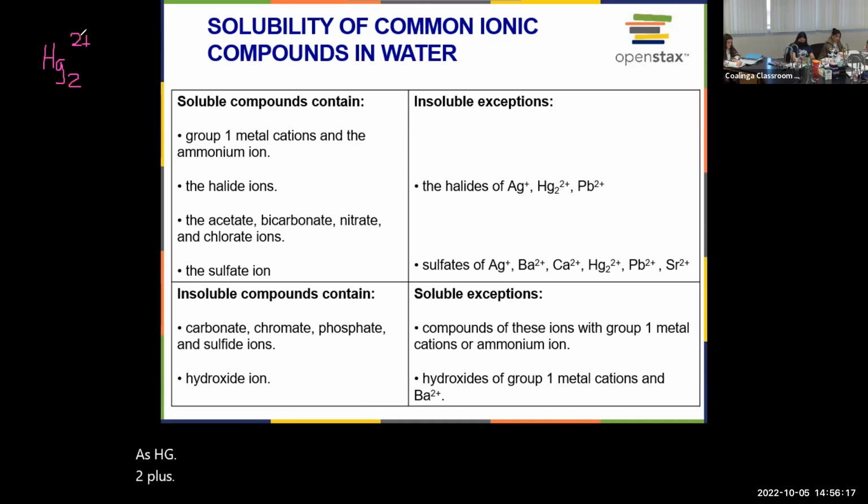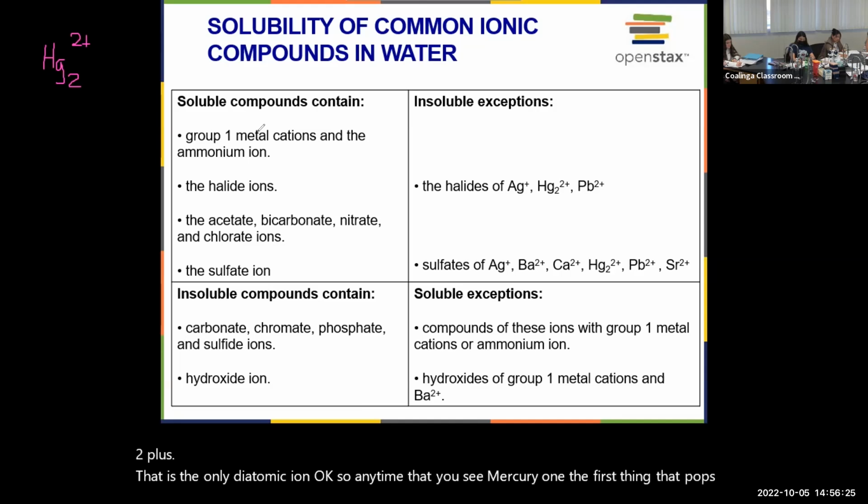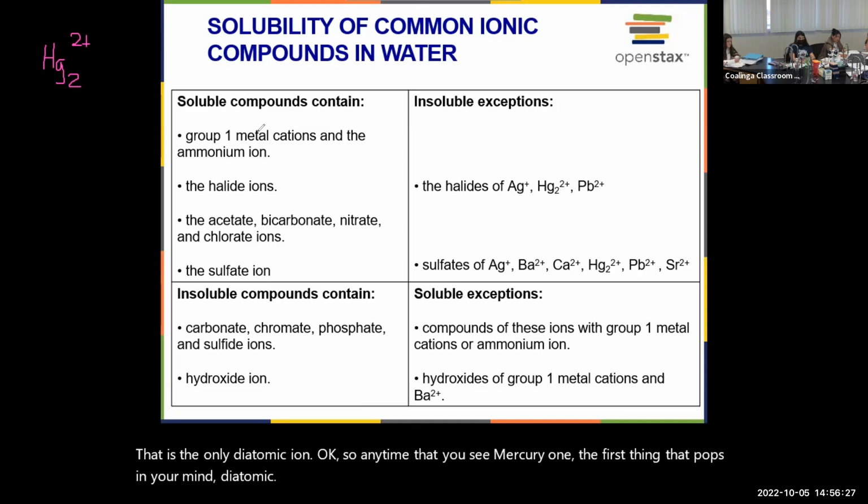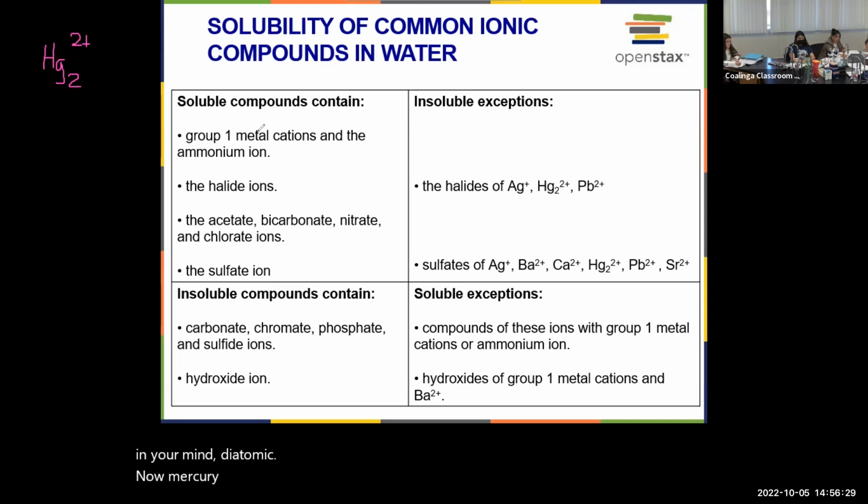That is the only diatomic ion. So anytime that you see mercury 1, the first thing that pops in your mind, diatomic. Now, mercury 2 isn't diatomic. So if it's Hg 2+, that's not going to be diatomic. Okay, only mercury 1.